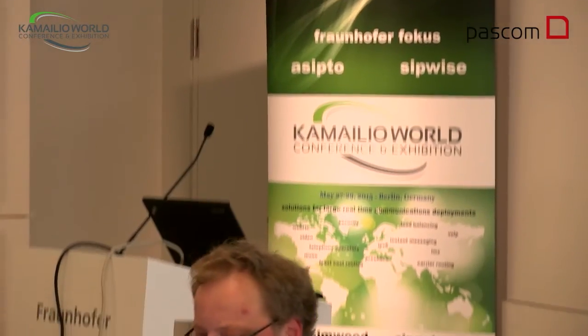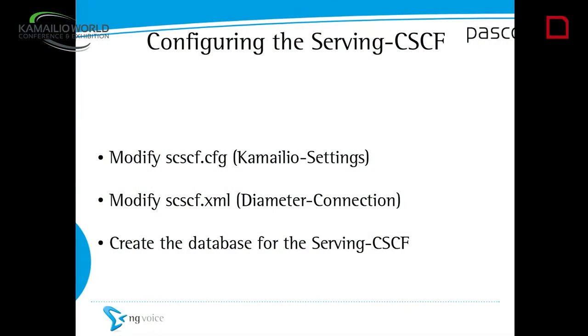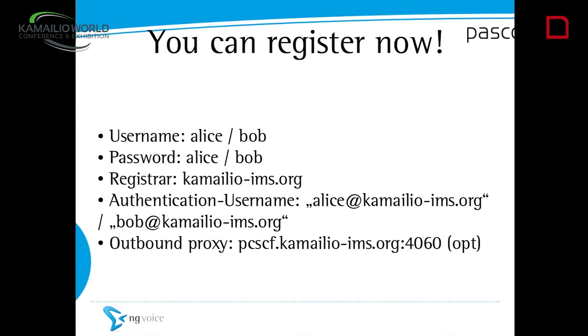Okay, it's 2:30. So I guess I just have the time to quickly install it. Because once we've installed the proxy CSCF, the interrogating CSCF, and the serving CSCF, we can actually register within our network. We can take a very basic SIP client, and we can simply register.